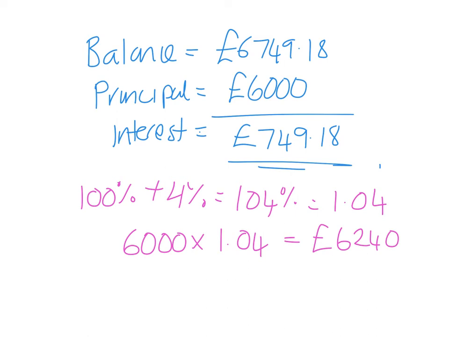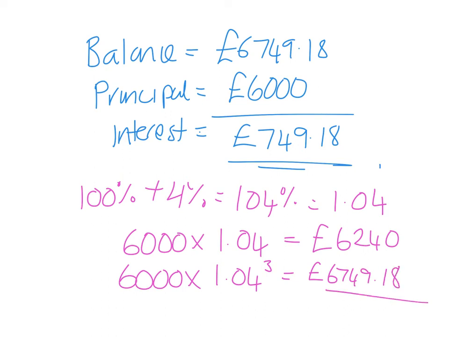Now we want to do that 3 times, so we're going to effectively be multiplying by 1.04 3 times. And a quick way to do that is to just say times the power of 3. And if you put that into your calculator, you should end up with our final amount. You'll have the 4 there. We're rounding it down.